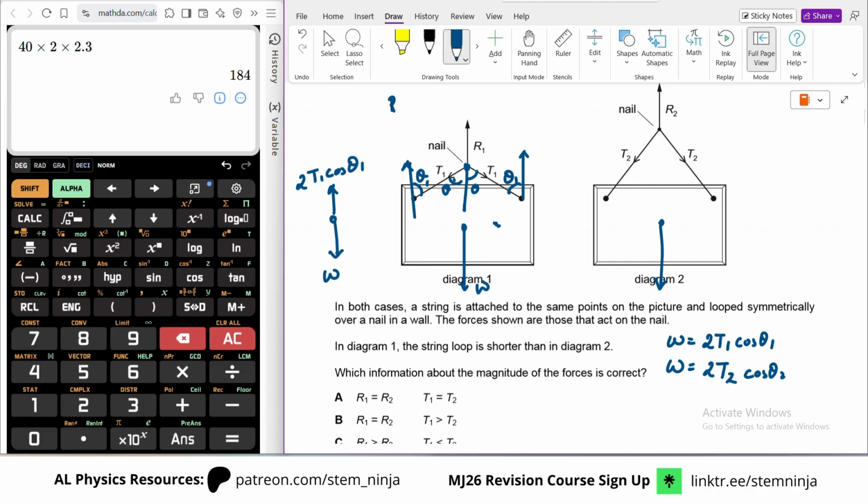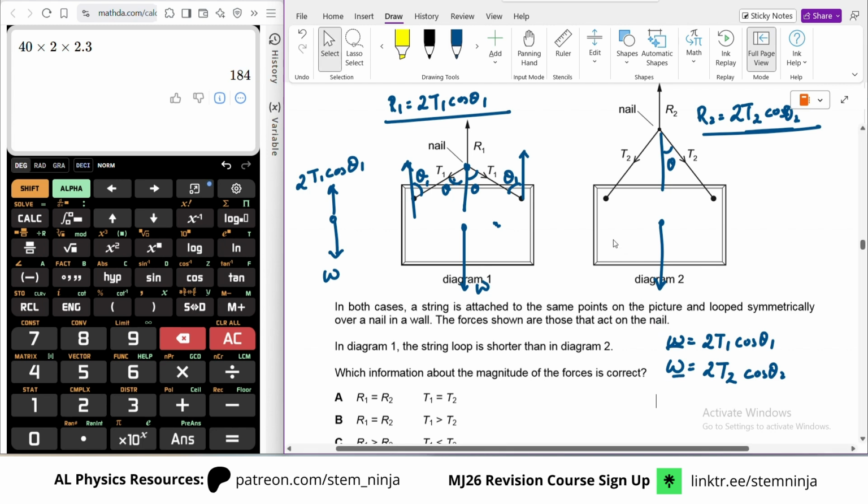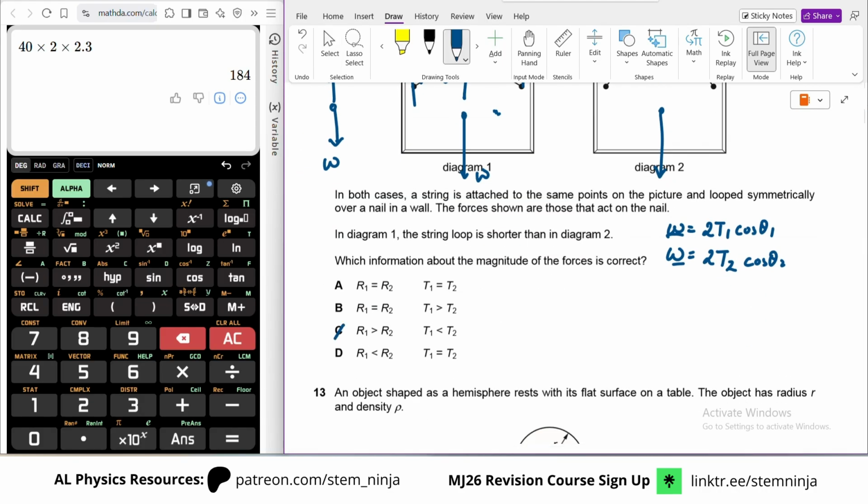So R1 would be 2 T1 cos theta 1, and R2 would be the same way, 2 T2 cos theta 2. So basically, since numerically they are equal to the weight, R1 will be equal to R2 in both cases. So that means it's either A or B.